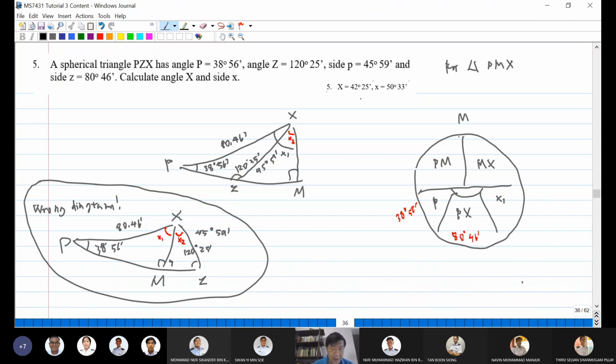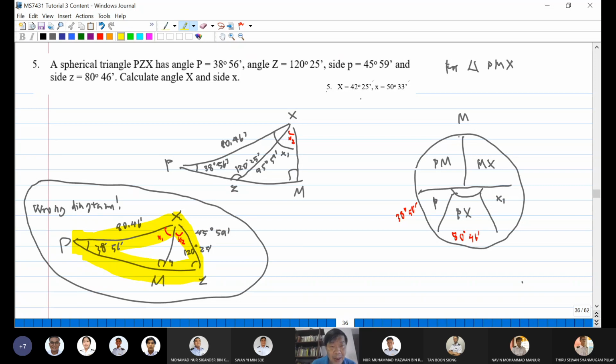First of all, if you try to draw a diagram, most people will just draw anyhow, right? You have a triangle PZX here, with P here, X here, Z here.